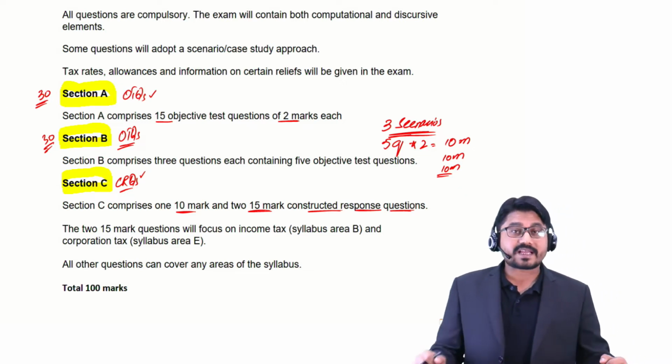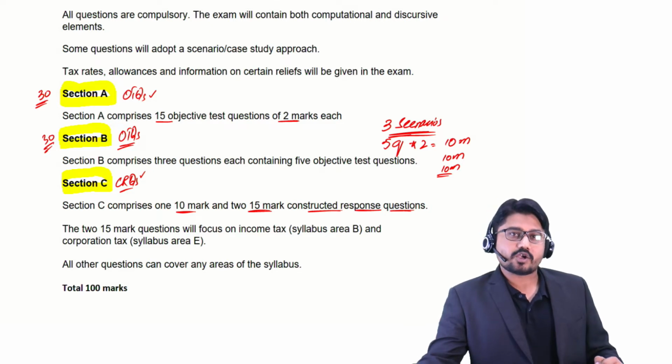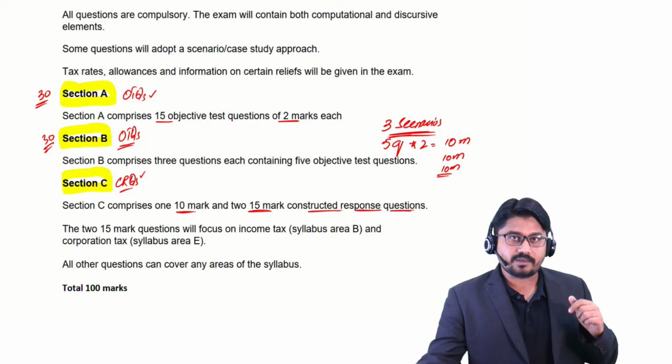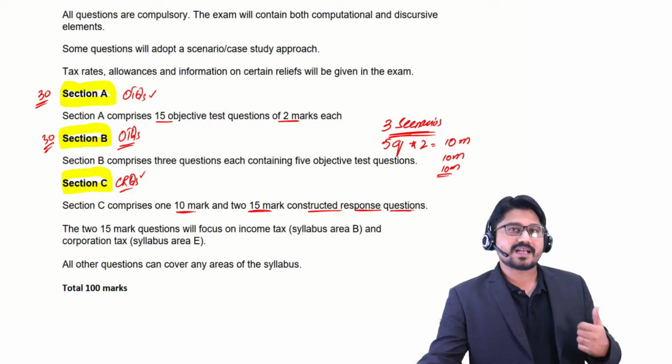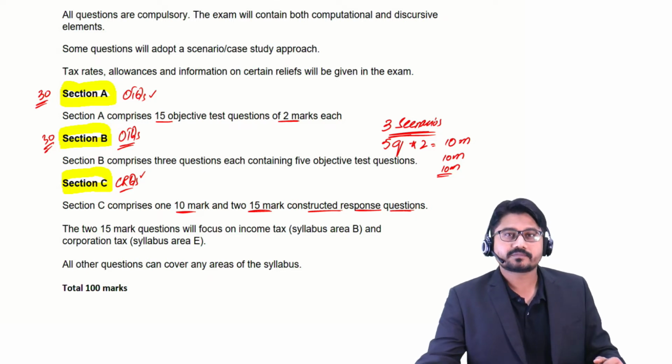Let me tell you about the constructive response question. What does it mean? CRQ means you have to present your answer in a structured way. For that, you would be using a spreadsheet for performing calculations, for putting in formulas, for adding, deducting, multiplying, dividing the values.